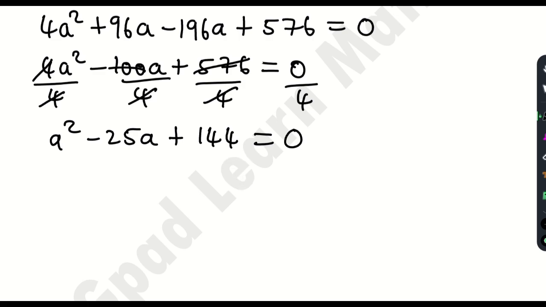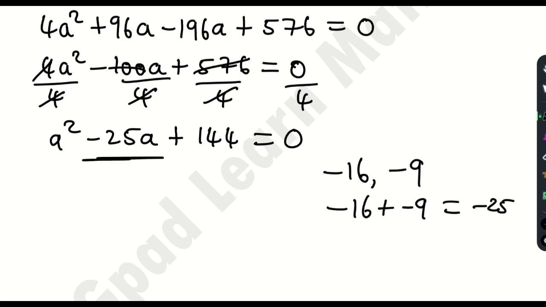If you multiply two negative numbers, you are going to get a positive number. So the two numbers will be what? Let's say negative 16 and then negative 9. What is negative 16 times negative 9? That will be 144. And when you add these two numbers, negative 16 plus negative 9 will give us what? Negative 25, as we have here.